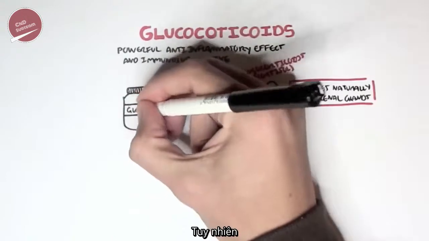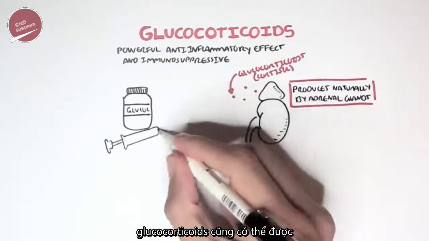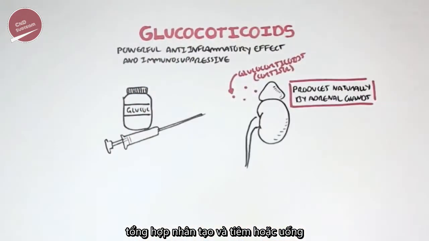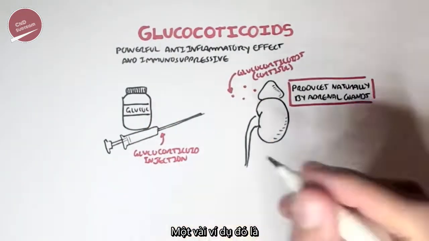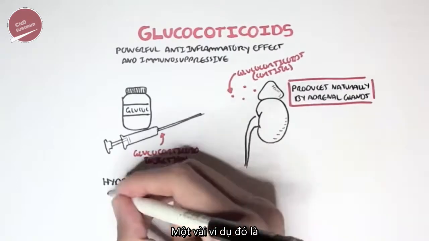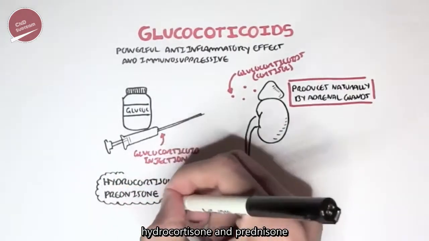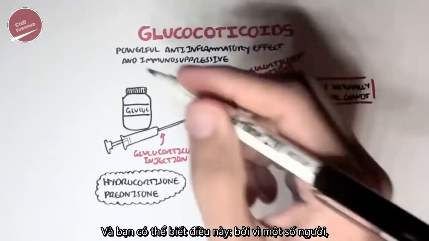However, glucocorticoids can also be synthetically made and injected or taken orally. Some examples of these are hydrocortisone and prednisone.